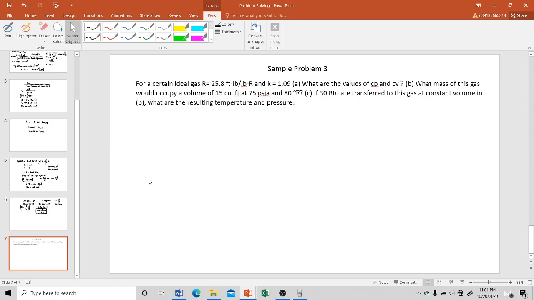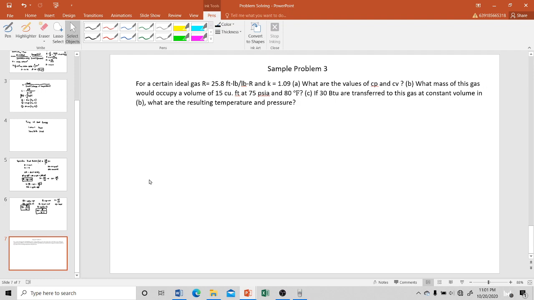Sample problem number 3. For a certain ideal gas, R is equal to 25.8 foot-pounds per pound Rankine, and k is equal to 1.09. So, what are the values of Cp and Cv?